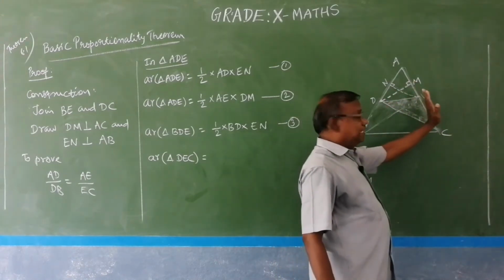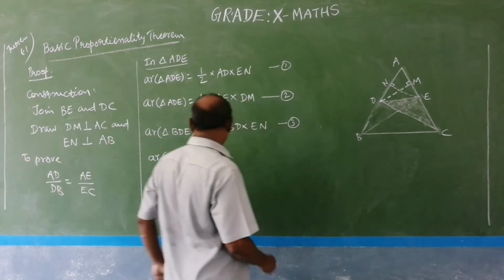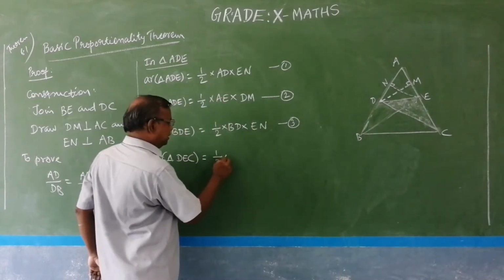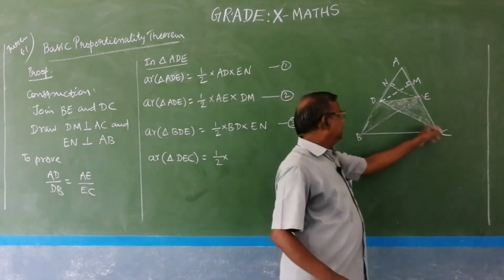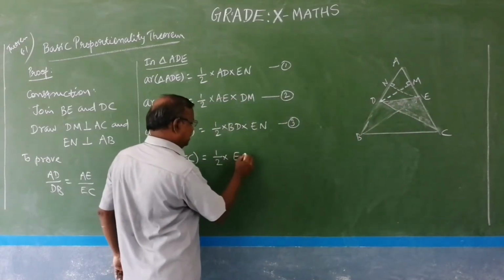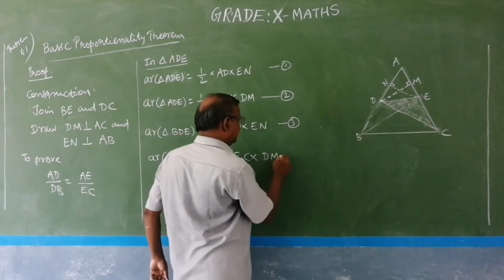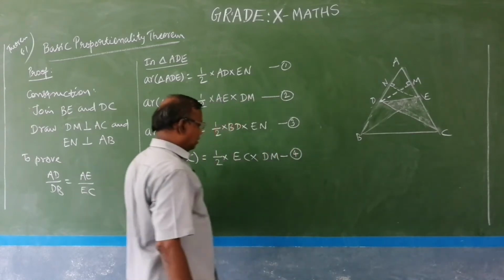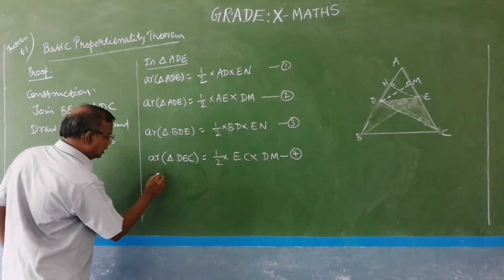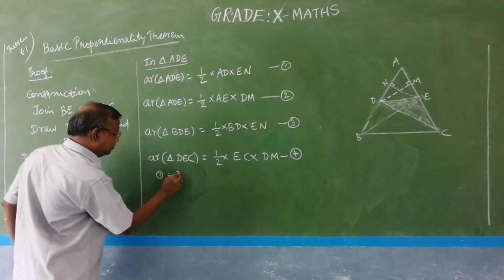Then it is half into the base EC into the altitude DM. Say this is 4.